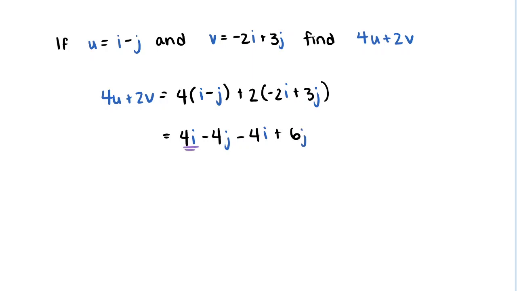So we can combine these horizontal vectors together, and we can combine these vertical vectors together to give us 0 sets of i and 2 sets of j, so 2j. And so all this says is that if I take 4 sets of u and add it on with 2 sets of v, this is equivalent to the vector that's 2 units upwards. This is the same as the vector 0, 2.